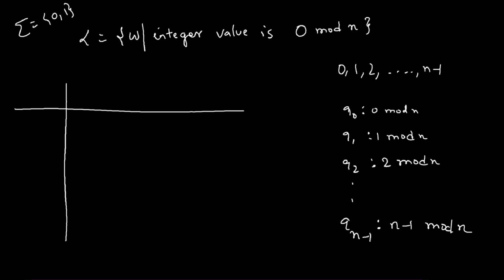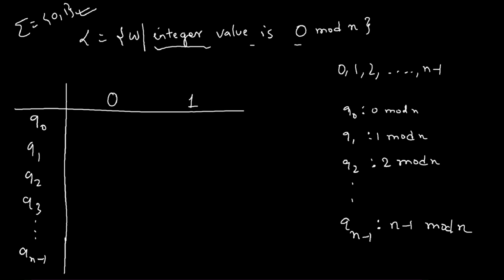That is, you have a binary string, and you want to find the integer value in mod of something. Then how are you going to get the DFA for it? The trick is simple. You have q0, q1, q2, q3, and so on up to qn minus 1, and you have 0 and 1 as symbols.